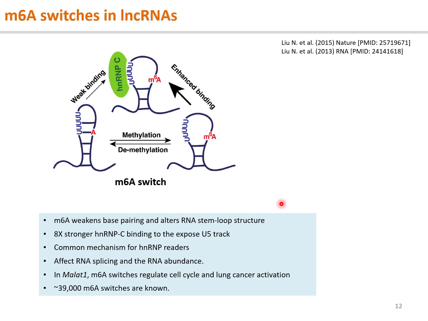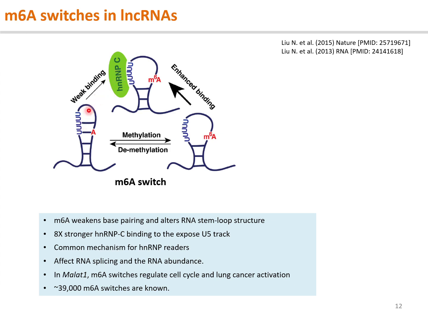As in mRNAs, lincRNAs can have a local stem loop structure called an m6A switch, where m6A modification can weaken the base pairing in the stem and expose buried poly-U5, or 5-uridines, for HNRNPC binding. The binding affinity with m6A is 8 times stronger.